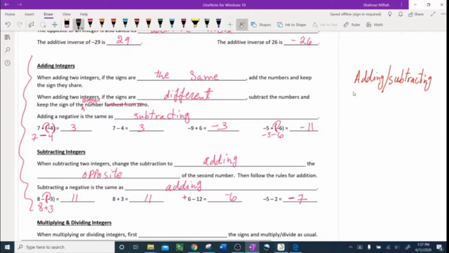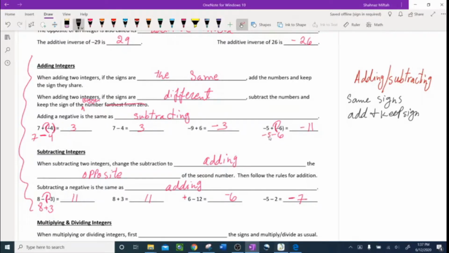The rule is same signs: you add and keep. What does keep mean? Keep sign. If you have two positives or two negatives, I'm going to add the numbers and keep the sign.